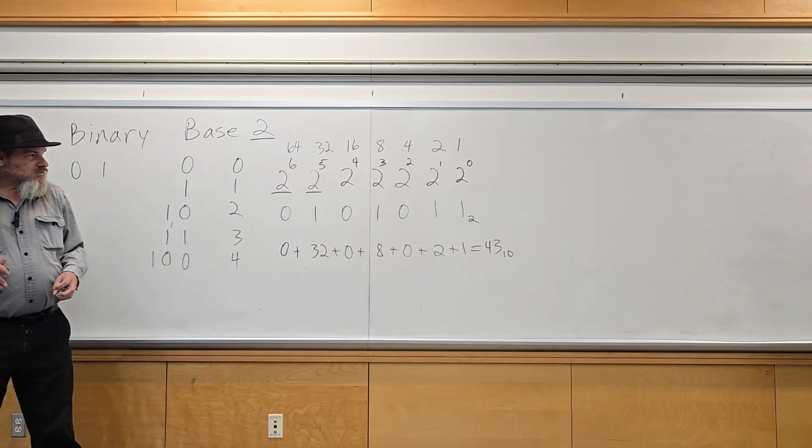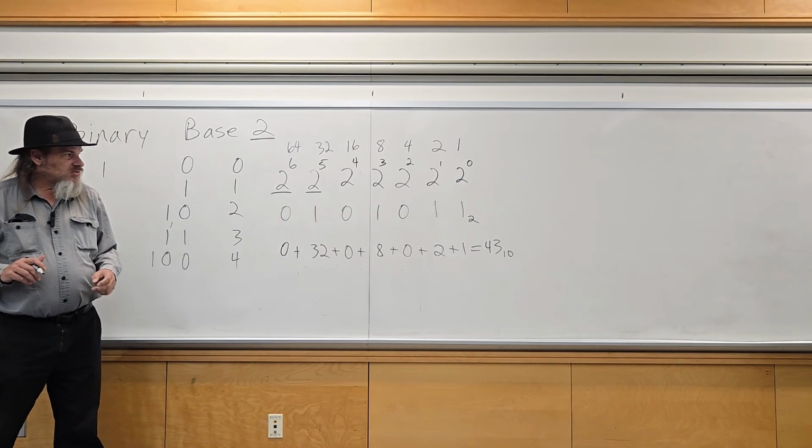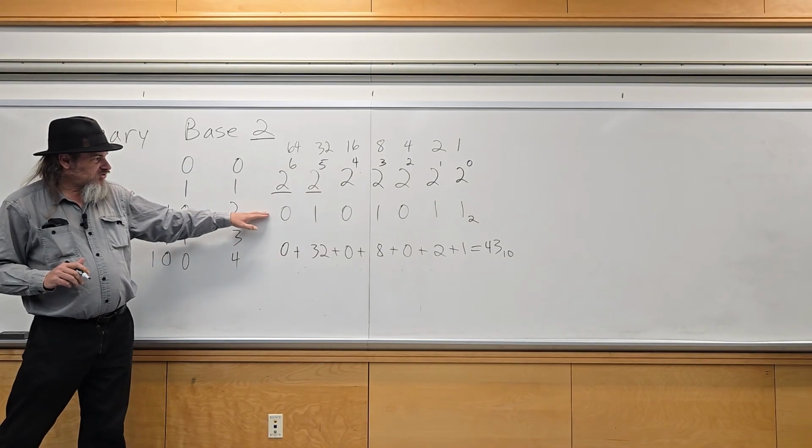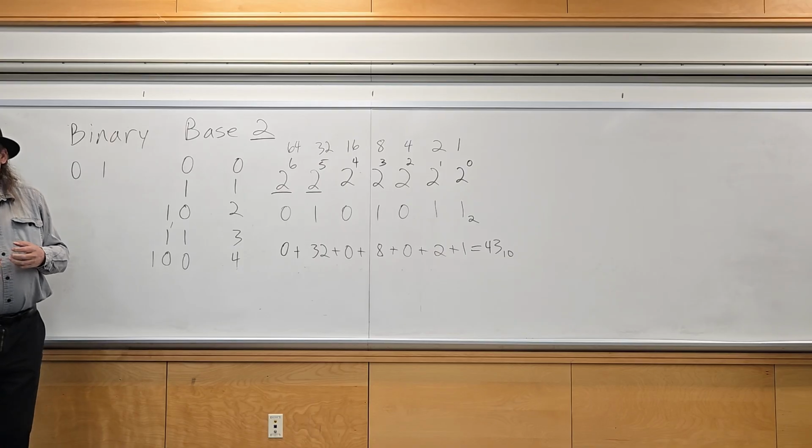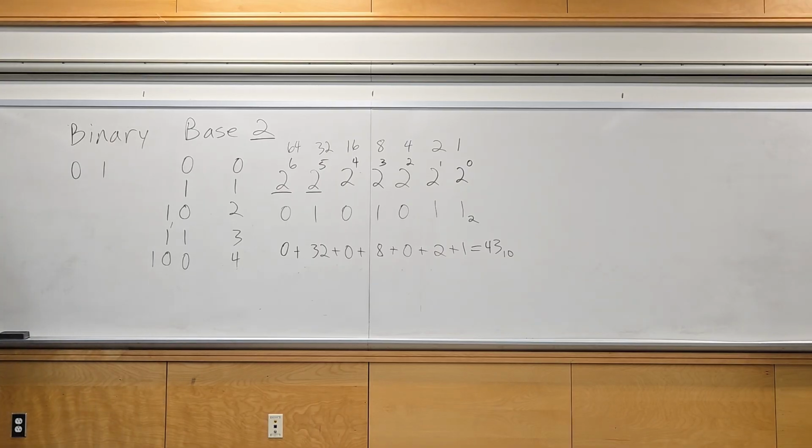So while computers use binary, it is not space efficient as far as how much room it takes to store a number. When we get into hexadecimal, we'll get into a more efficient way to represent numbers. But for right now, we're just tackling binary.